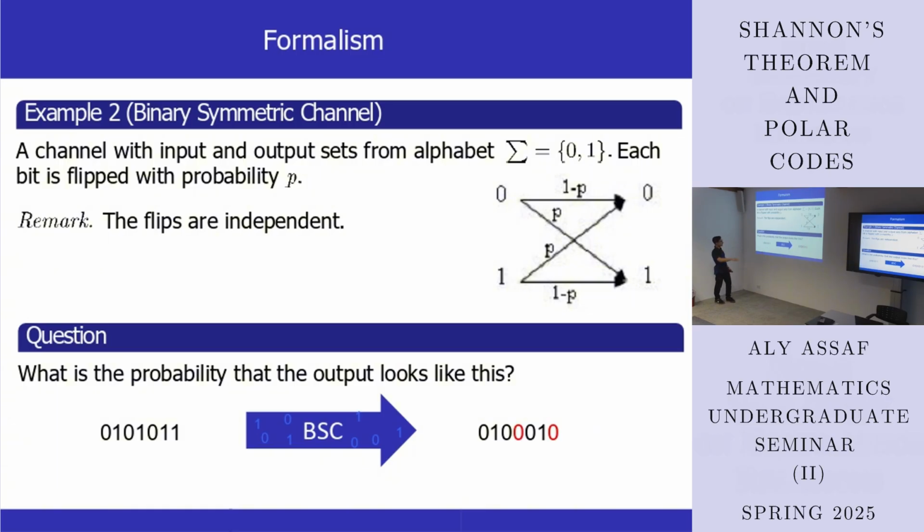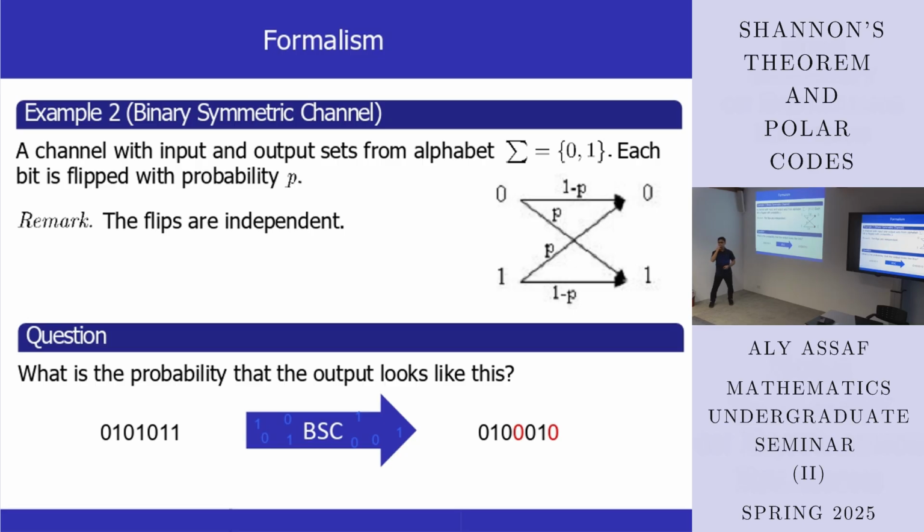What is the probability that this input turns into that output? What's the probability you have this exact set of digits? Try and think of it one by one. Anybody know? I think you have two flips.